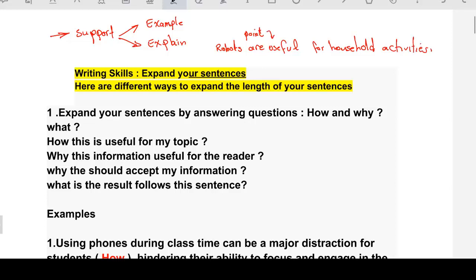This is a point. When I give a point, I should either give an example or even explain the point. So it's not correct to say, moreover, robots are helpful in business.